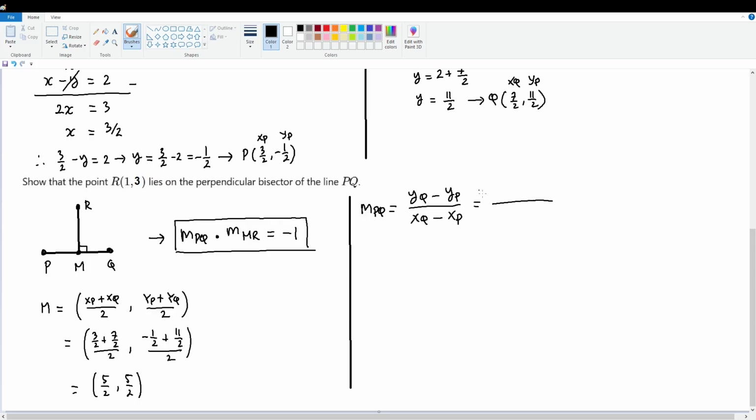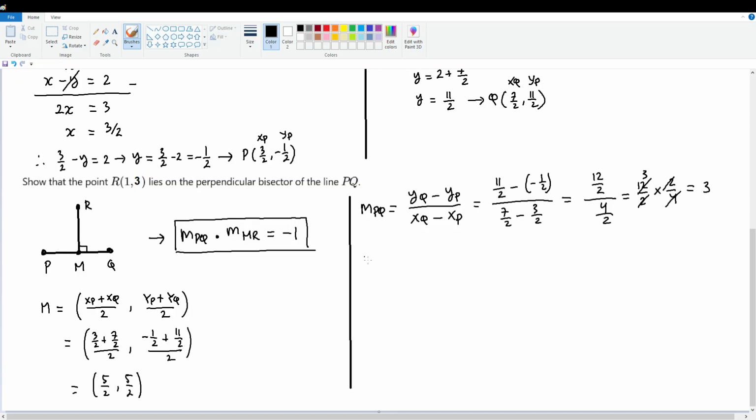Now substitute: yq is 11 over 2 minus yp, which is minus 1 over 2, over xq, 7 over 2, minus xp, that is 3 over 2. Now we get 12 over 2 over 4 over 2. We can rearrange this division to become 12 over 2 times 2 over 4. Simplify this one, we will get 3. So the gradient of PQ is 3.